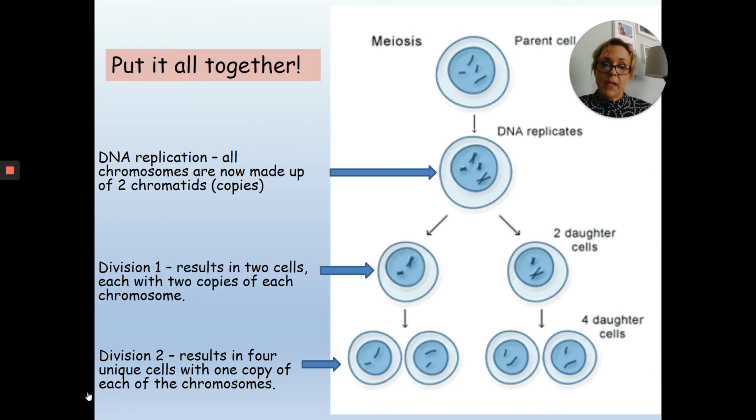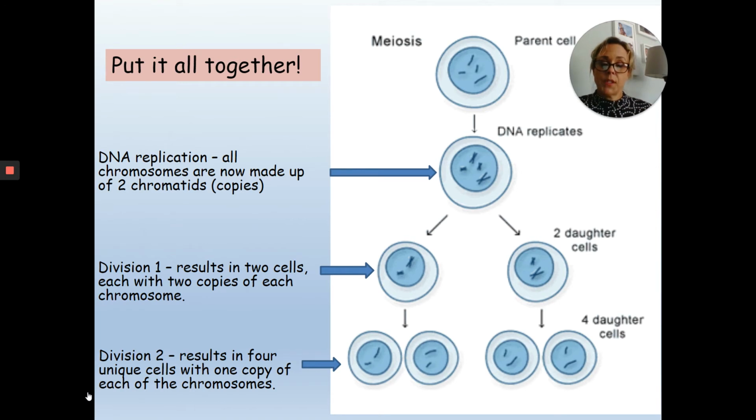These are then separated into two daughter cells in the first meiotic division, and then those chromatids are separated so that we can then form 4 genetically unique cells, each with half the amount of DNA compared to the parent cell. This is meiotic division, reduction division.